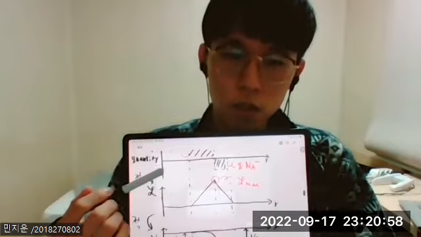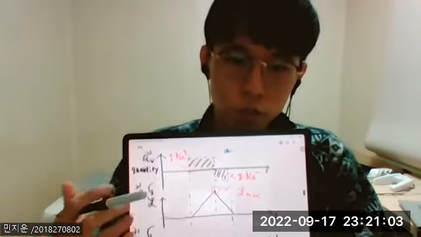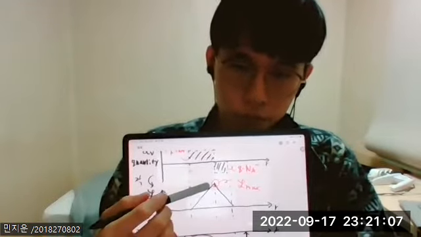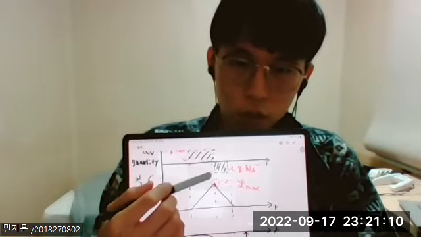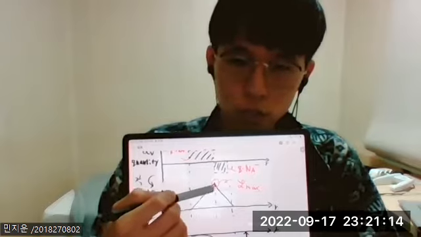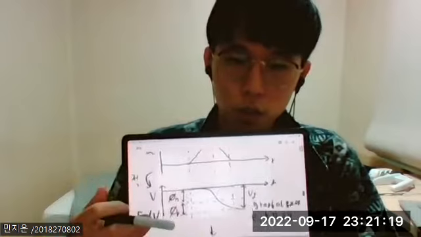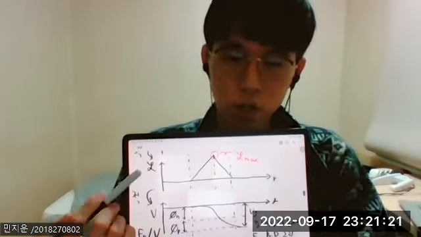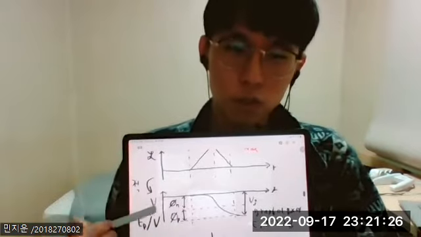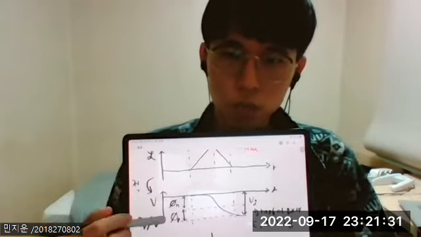Next, if we integrate this total charge, you can see the electric field. At this boundary of the depletion region, the electric field is maximum. Next, if we also integrate this electric field, we can get the voltage and distance graph of the potential energy.